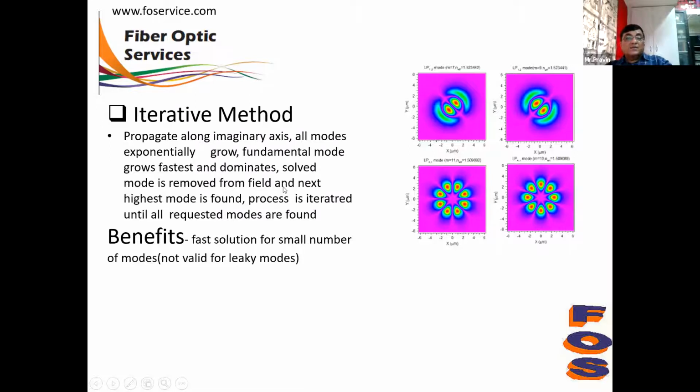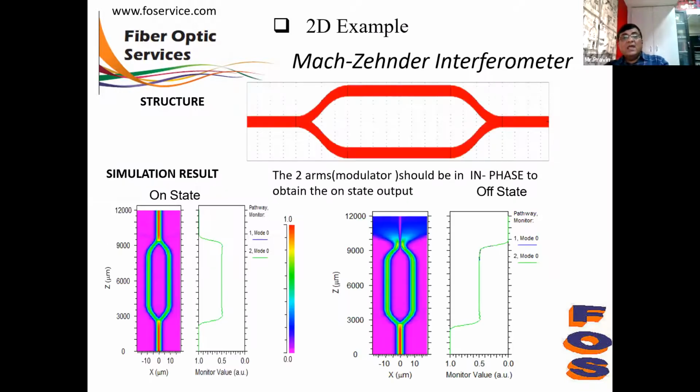So the solved mode is removed from the field, and then the next higher order mode is found. So the modes are found one by one, but if you have a small number of modes, then this is a faster method to solve, but not valid for the leaky modes.